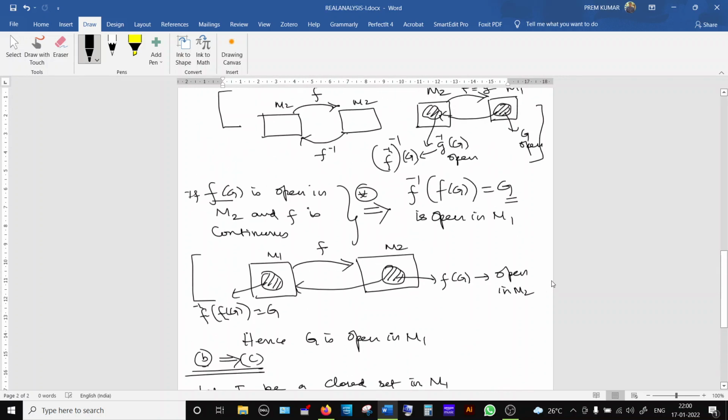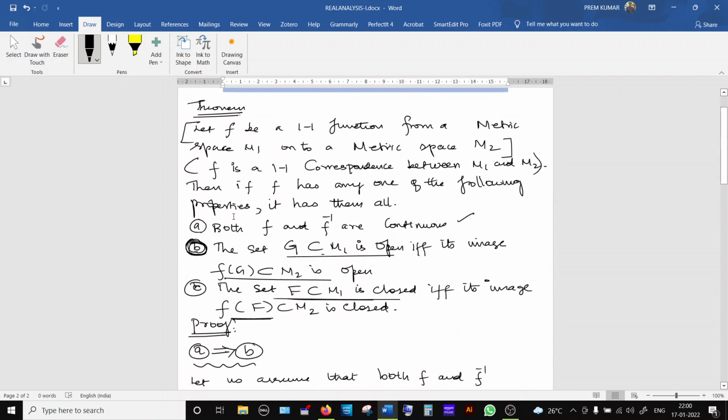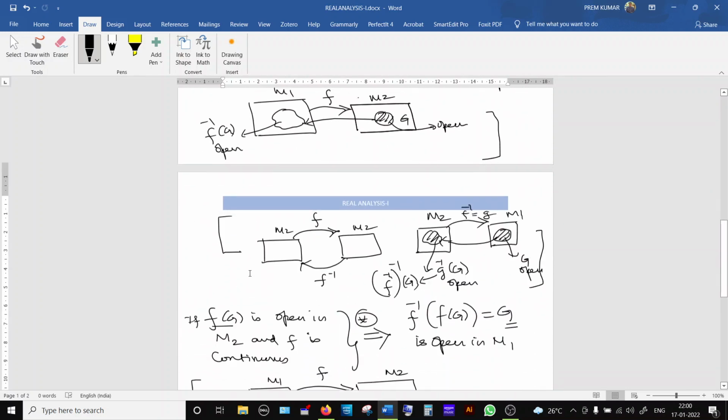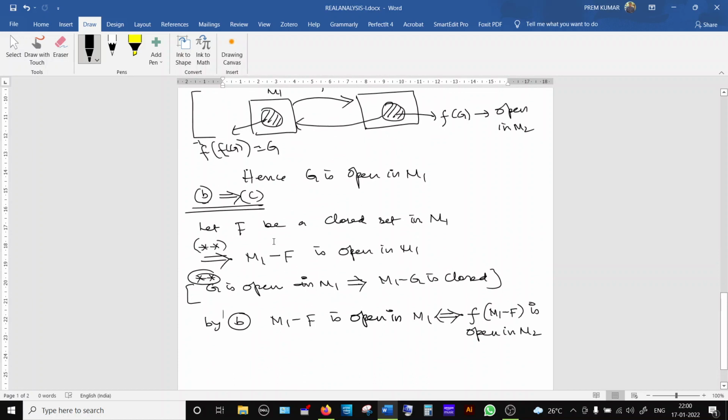So that is the assumption of B. What is the assumption? B says whenever you take an open set in M1, the image of that open set is also open. Just now we proved that this is an open set in M1. Therefore, as per the assumption of B, the image of this, that is f of M1 minus F, is also open in M2.